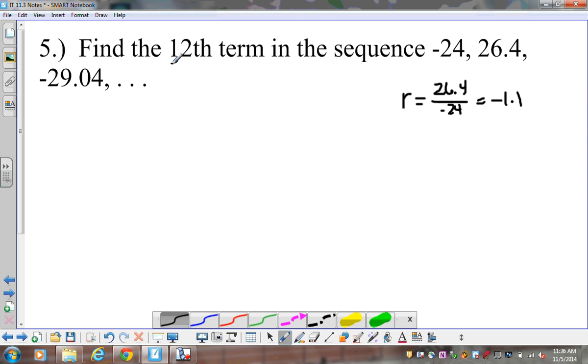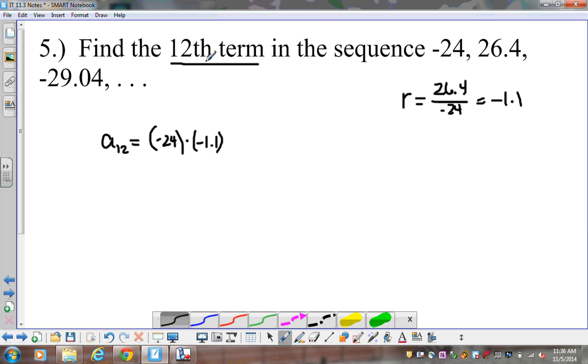All right, so now I'm looking for a particular term, so I'm going to use that equation that we just looked at. I'm looking for my 12th term, so it's a sub 12 equals my first term, which is negative 24, times my common ratio, which we said was negative 1.1, raised to the n minus 1.